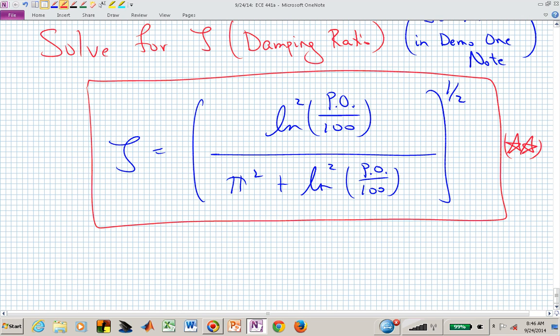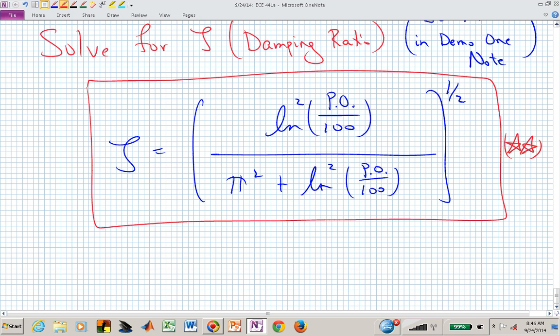Meaning, if you now have a percent overshoot of 20%, you plug 20 in for PO. You take the natural log of 20 over 100, square it, save it in memory because you need it again in the denominator. Divide it by the quantity pi squared, which is roughly 10, plus that memoried value.